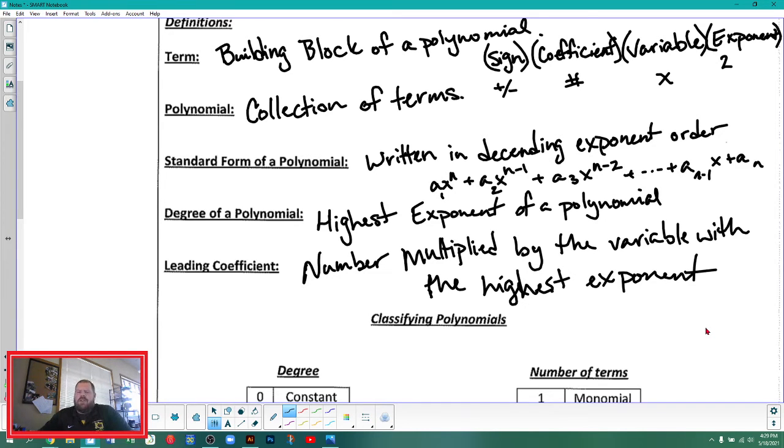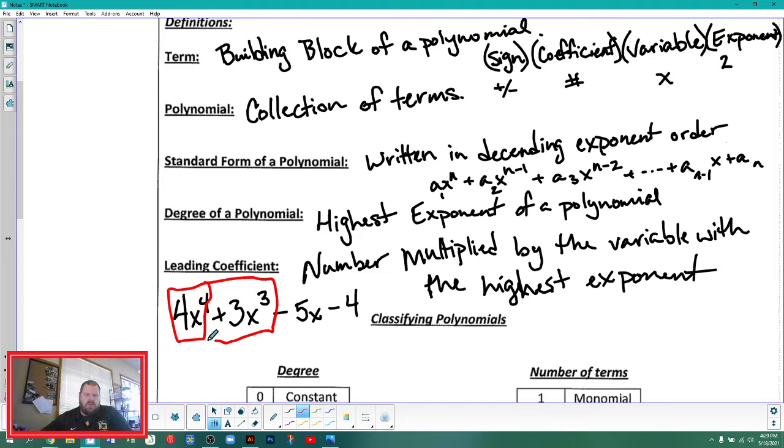So for leading coefficient, let's give a very basic example. If I have 4x to the fourth plus 3x to the third plus 5x minus 4, my terms are all these sign, coefficient, variable, and exponent combinations.